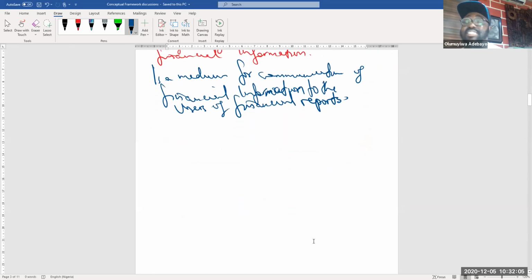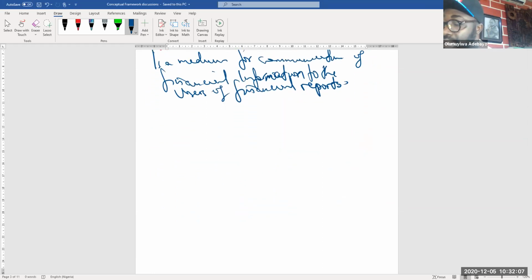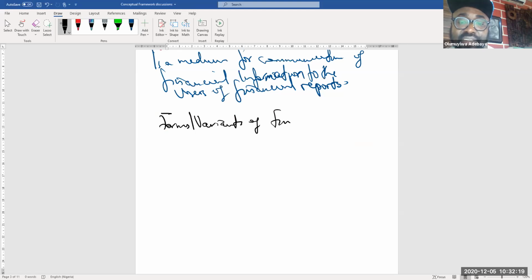Now, financial statement has variants. I can say forms or variants of financial statements.